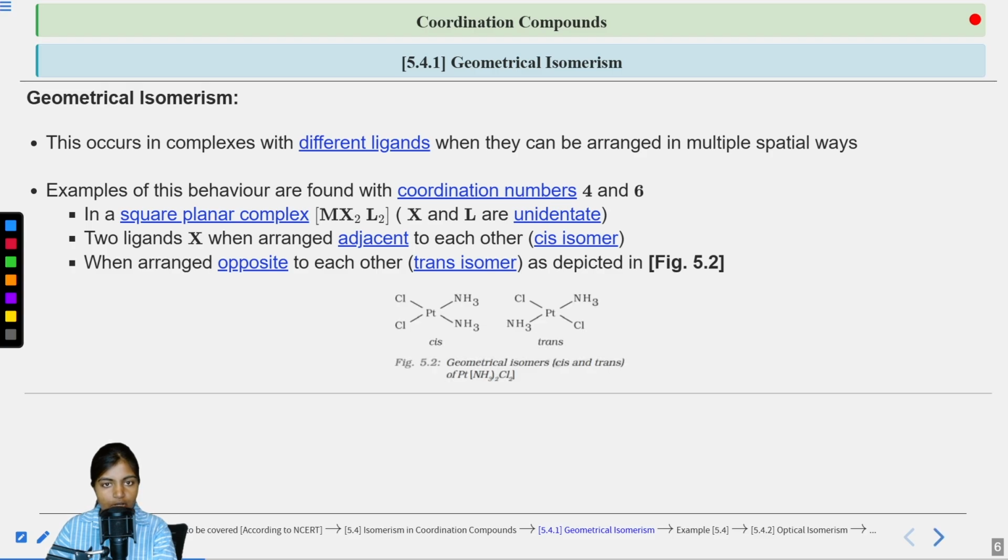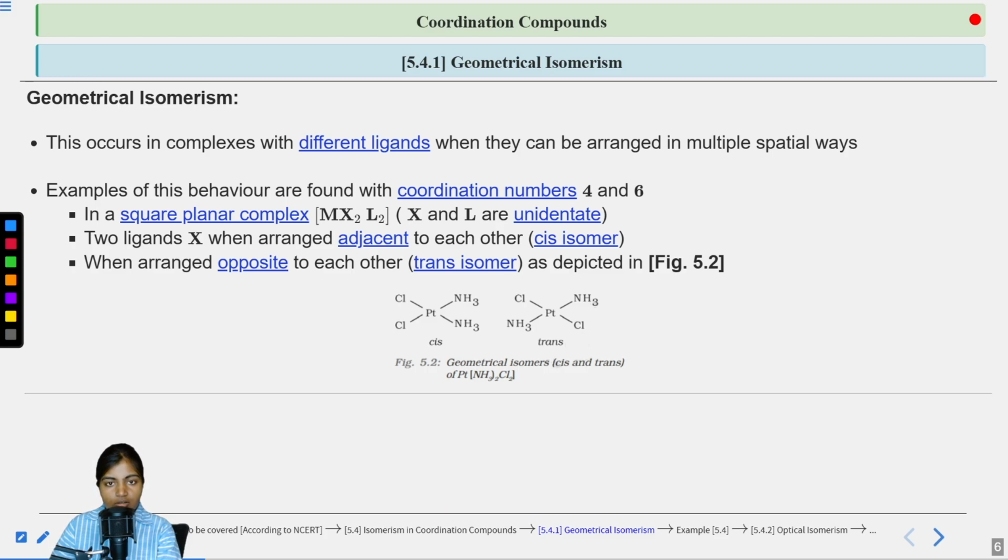So let's see, this is figure 5.2 showing the geometrical isomers, cis and trans form, of this complex platinum (NH3)2Cl2. Here we have platinum combining with two molecules of amine and two molecules of chlorine, right?